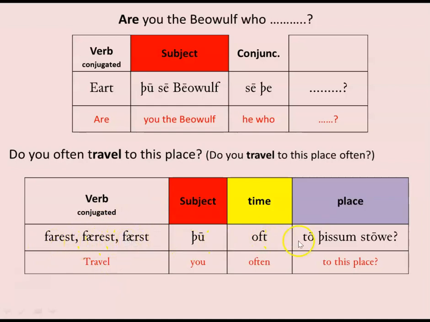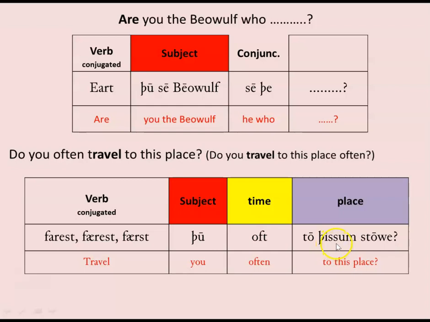Okay, thu oft to thism satolwa. Okay, to takes a dative object, so these two words must be in the dative. Satolwe, satol is place, the dative form is satolwe, and the word this in its singular dative form, because there's only one place we're talking about, is thism.